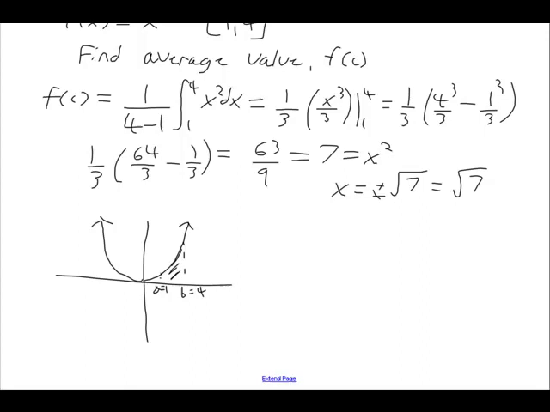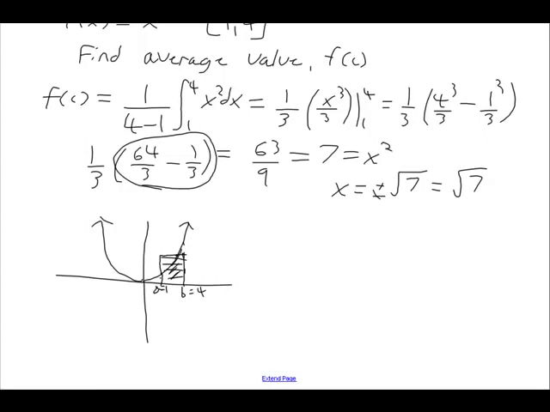And we're saying that at x equals the square root of 7, y being 7, which will be somewhere around here, we can draw a rectangle. The width of the interval and that given height, and the area of that rectangle we drew will be equal to the area under the curve, which we got with 63 over 3 there.